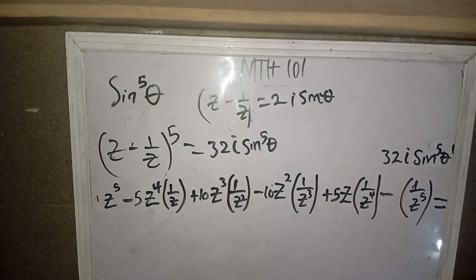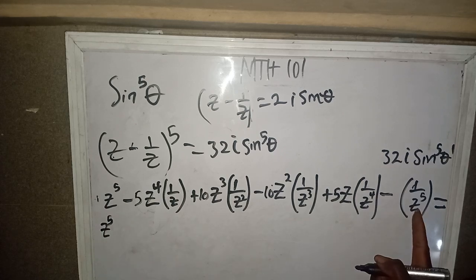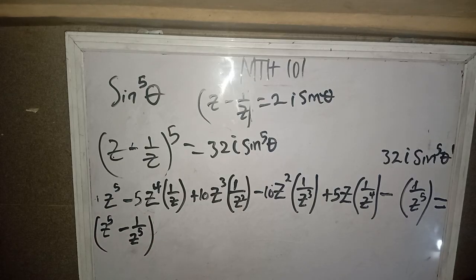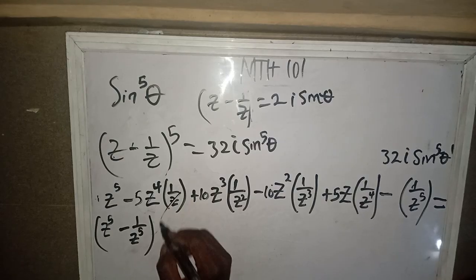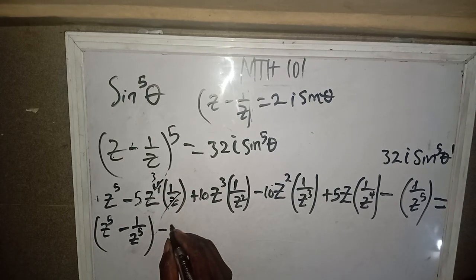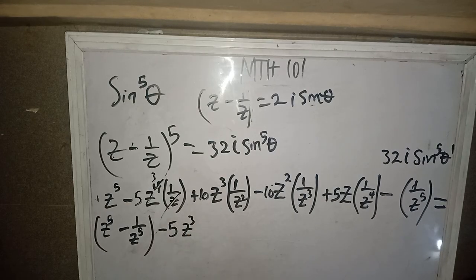Now, here you have z raised to power 5. Bring this one together with it, minus 1 over z raised to power 5. Now, here this z will cancel one of this, so you have 3 left here. So this guy gives you minus 5z cube.